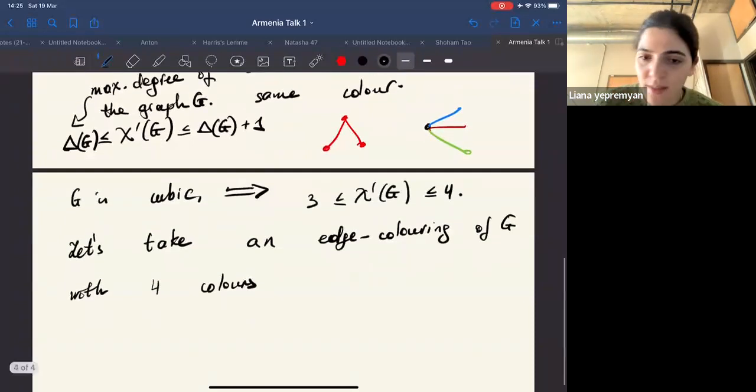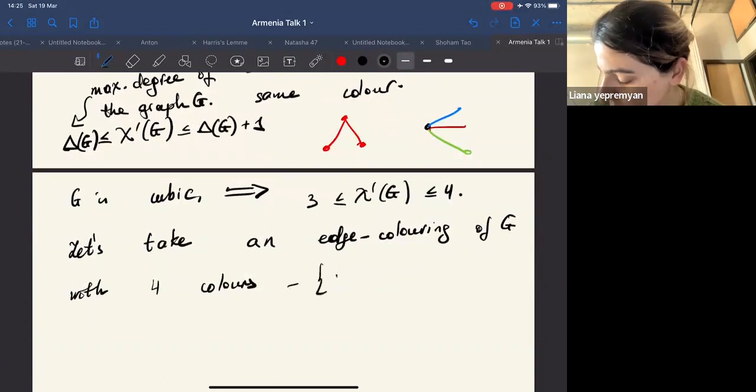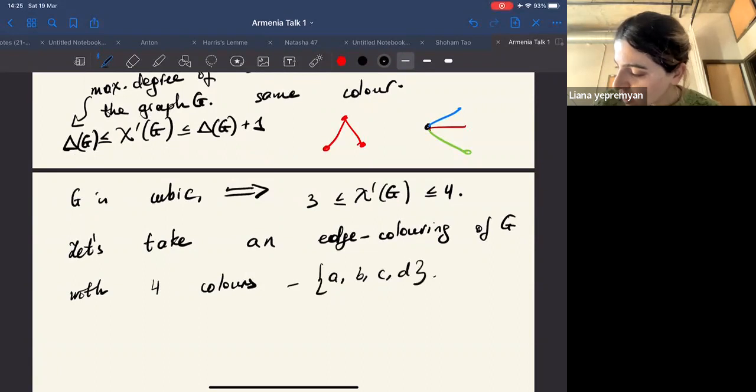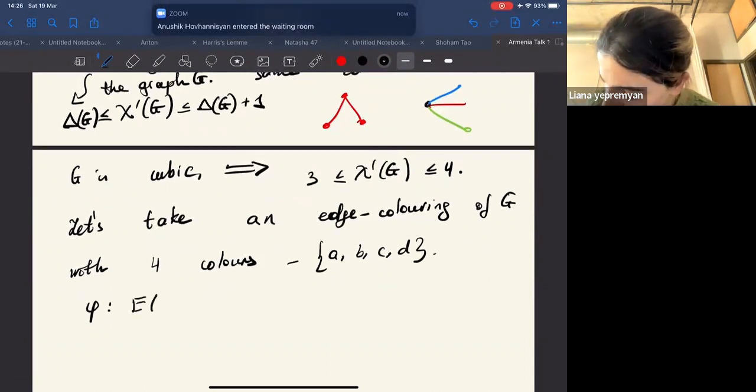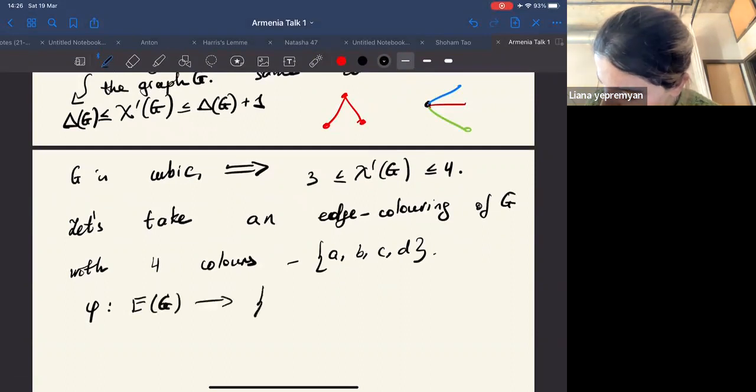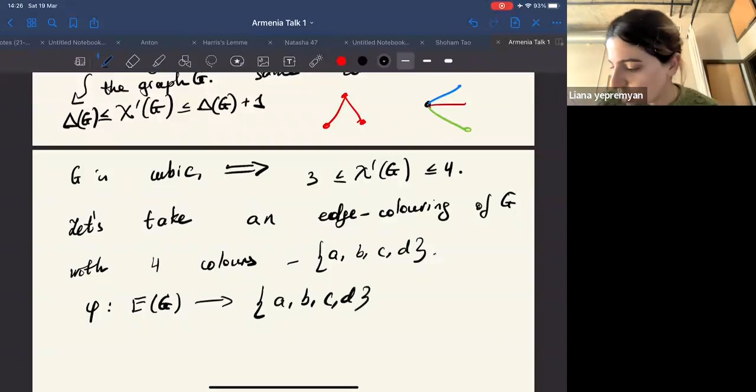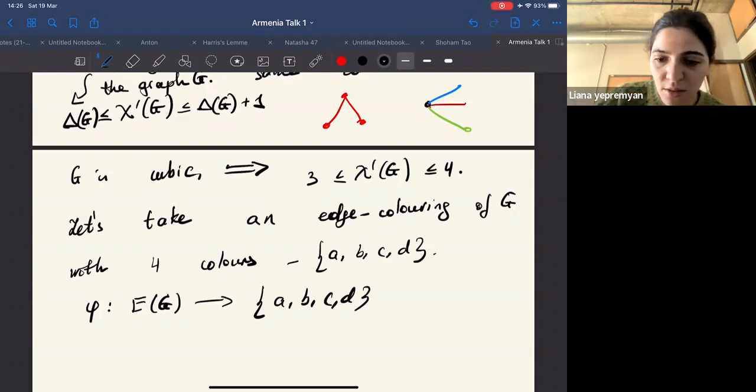Okay, and let's say the colors are A, B, C, D. So this edge coloring was some mapping from the edge set of G to A, B, C, D, such that every time you had a vertex, all of its edges coming out of that vertex got distinct colors.